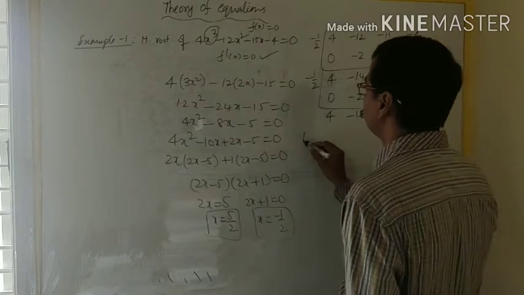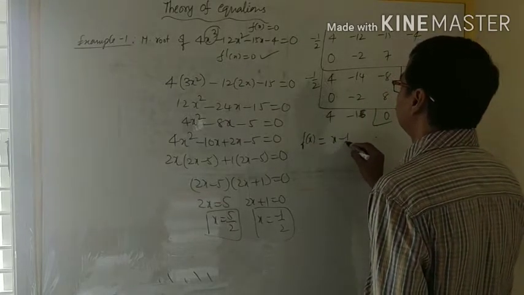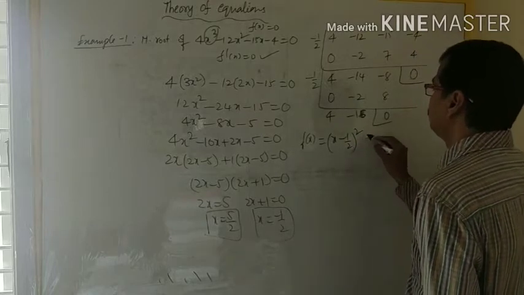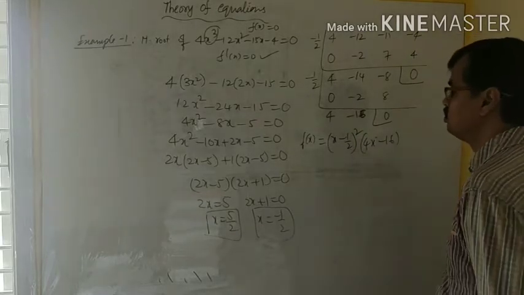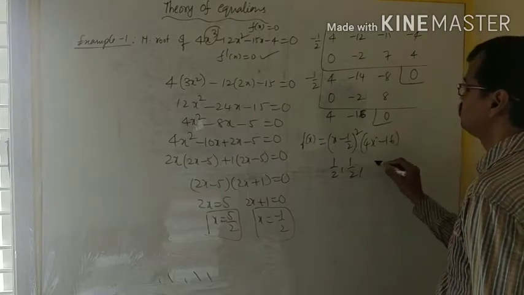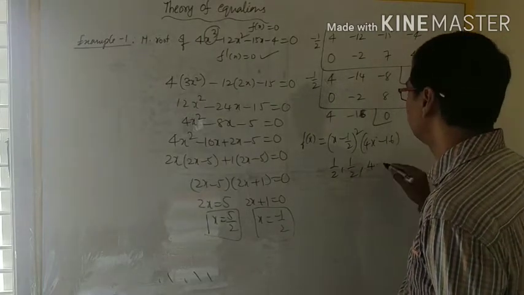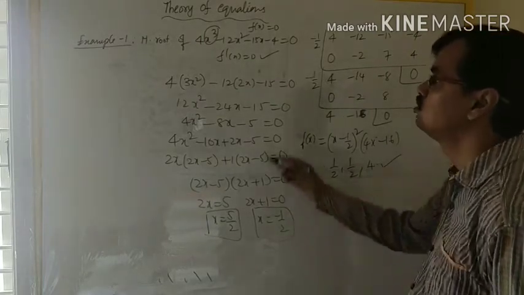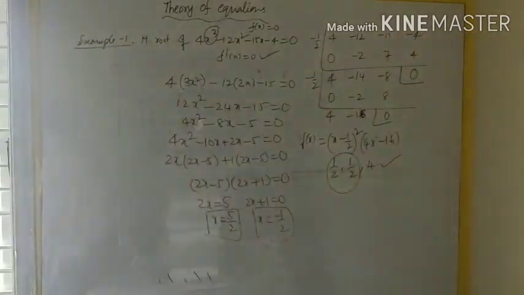So your equation f of x will be equal to (x minus 1 by 2) whole square into (4x minus 16). That means the roots are 1 by 2, 1 by 2, and 4x minus 16 means x value 4. So 1 by 2, 1 by 2, 4 are the roots of the given equation. The multiple root is 1 by 2.